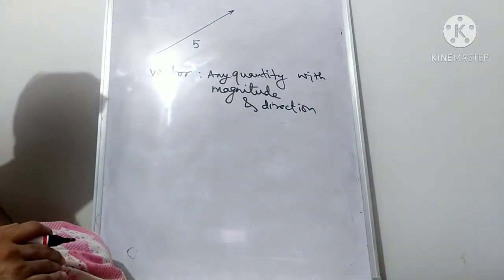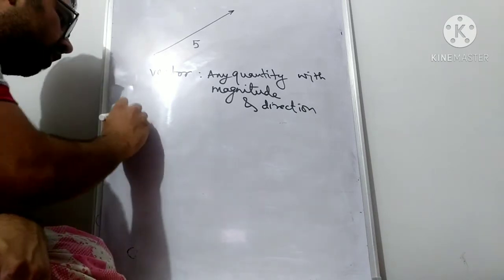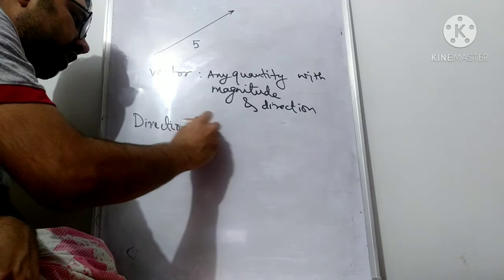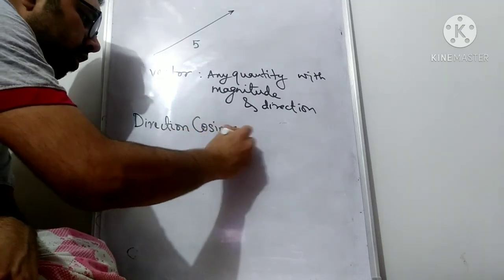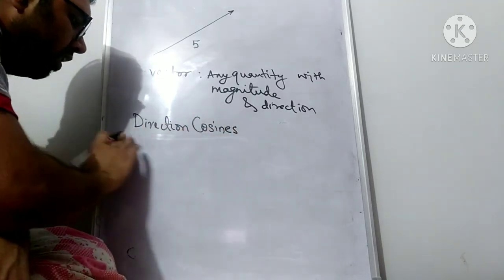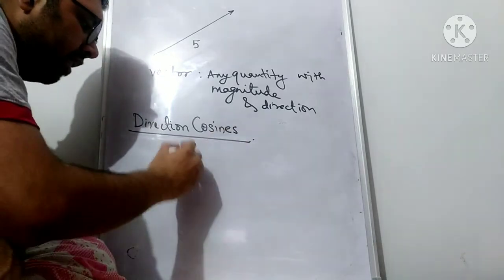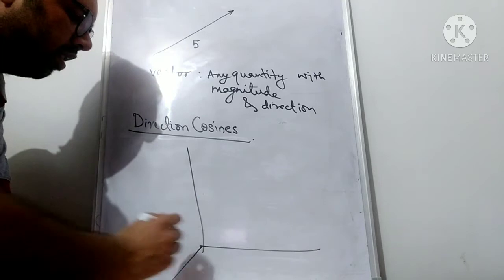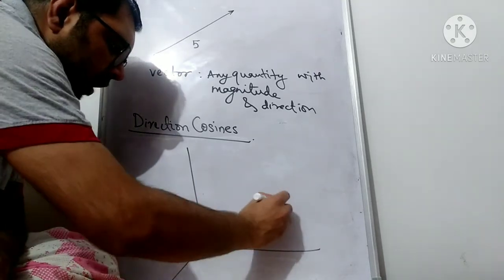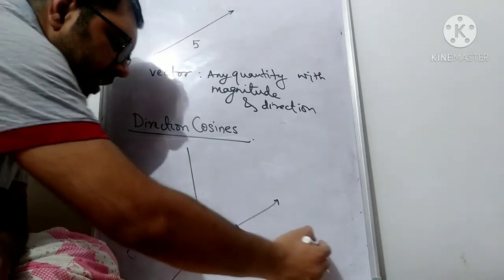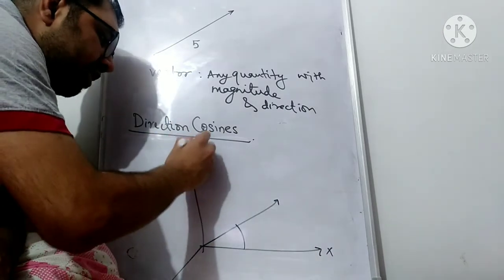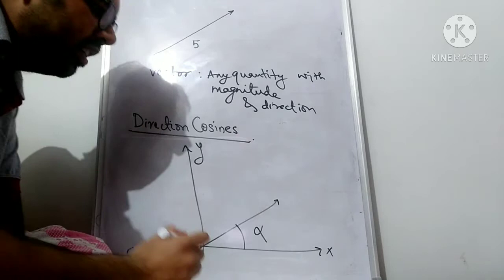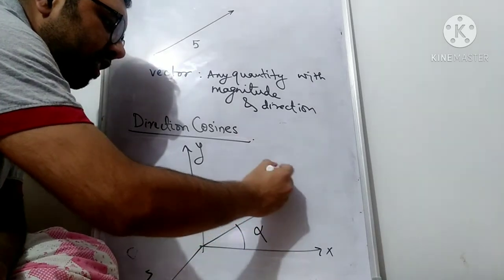Now what do you understand by direction cosines? Direction cosines is also an important concept. If we have a particular vector, and this is the x-axis, this is the y-axis, and this is the z-axis, suppose this vector is v.